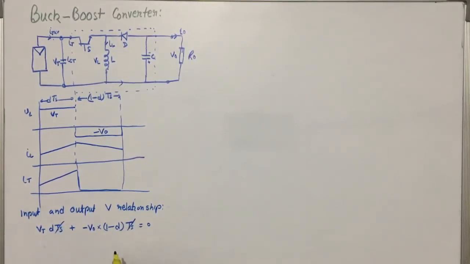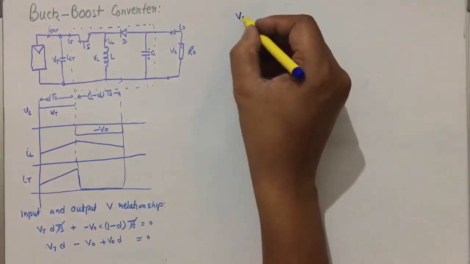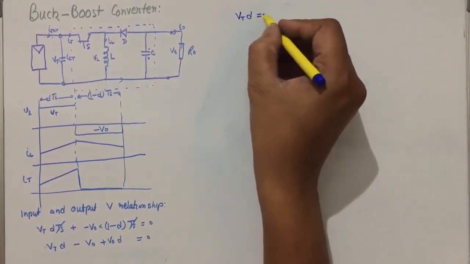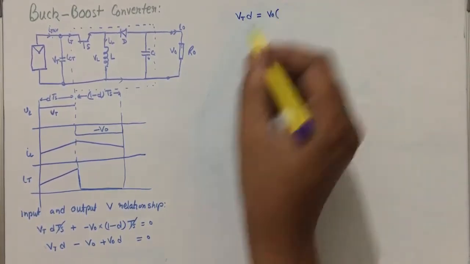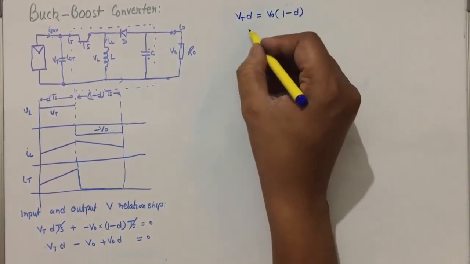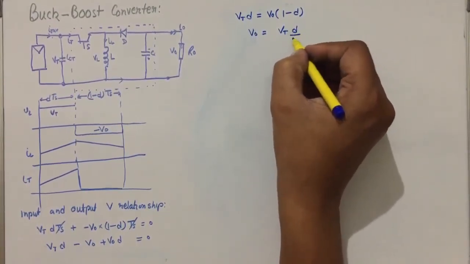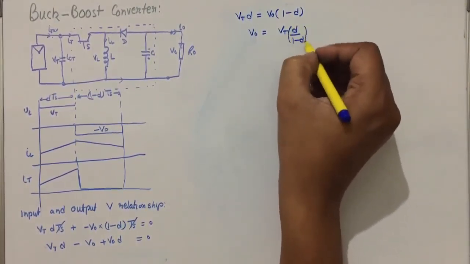From here these two will be cancelled out, and Vt d minus V0 plus V0 d will give you 0. If we simplify this, we have Vt d is equal to V0 times 1 minus d, and from here V0 is Vt d divided by 1 minus d.